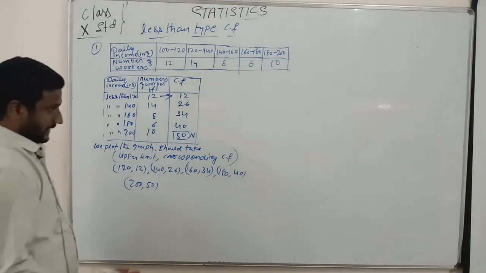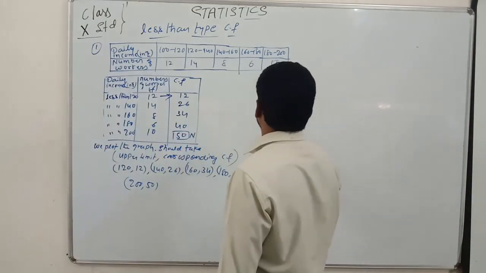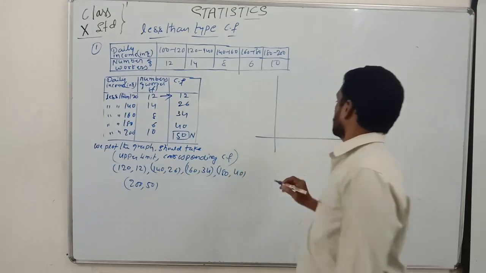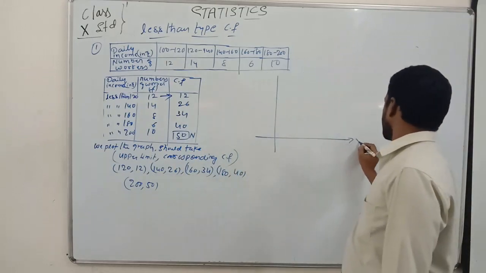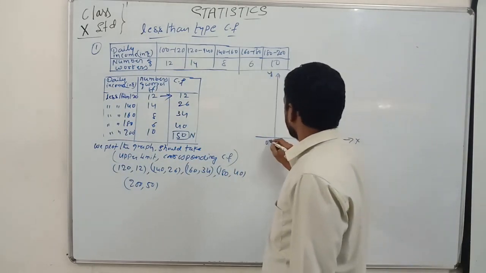So now we can draw the graph here. This is the x-axis, this is the y-axis, this is the origin, 0 comma 0.